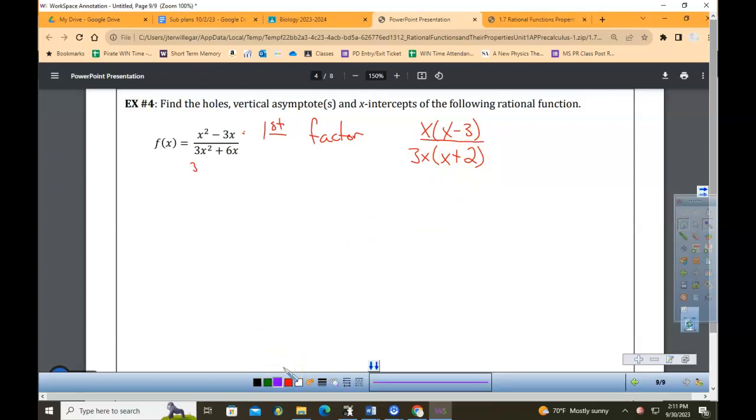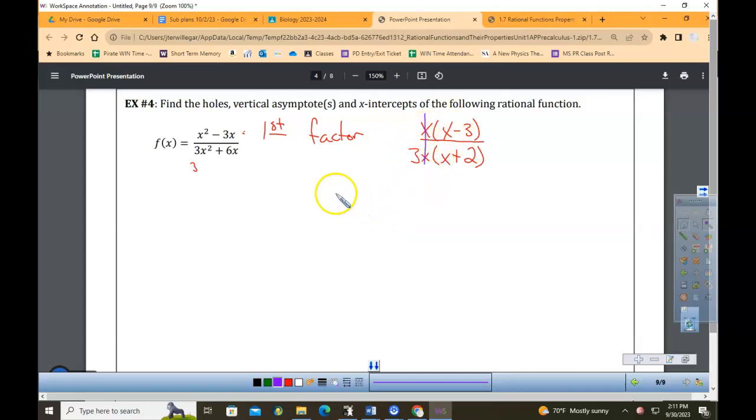Now, these x's are going to cancel, right? But I'm going to remember them. I need to remember that those cancel. It's going to come up later. Actually, I'll just tell you guys now.